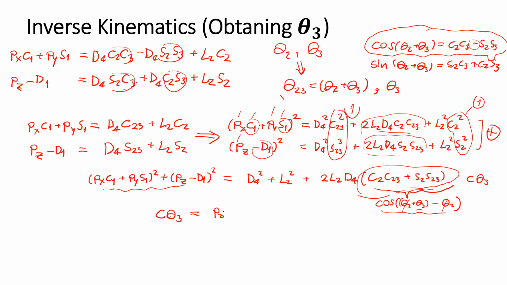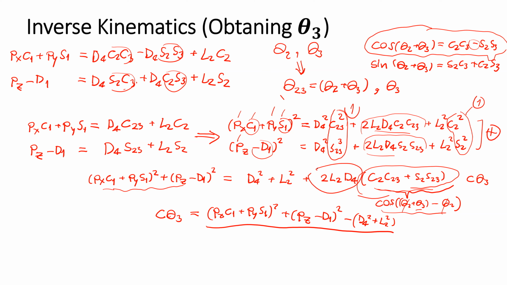We have Pxc1 plus Pys1 square plus Pc minus D1 square, and subtract by D4 square plus L2 square. And when we divide all of this by 2 L2 D4, we have the cosine.